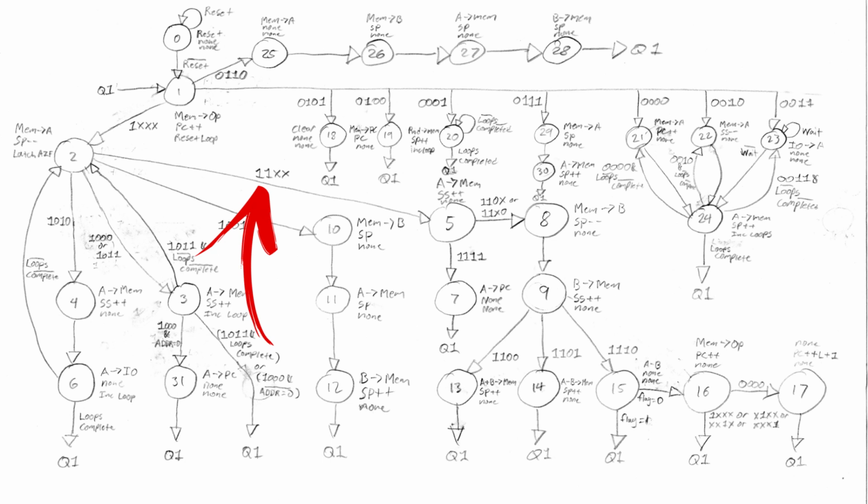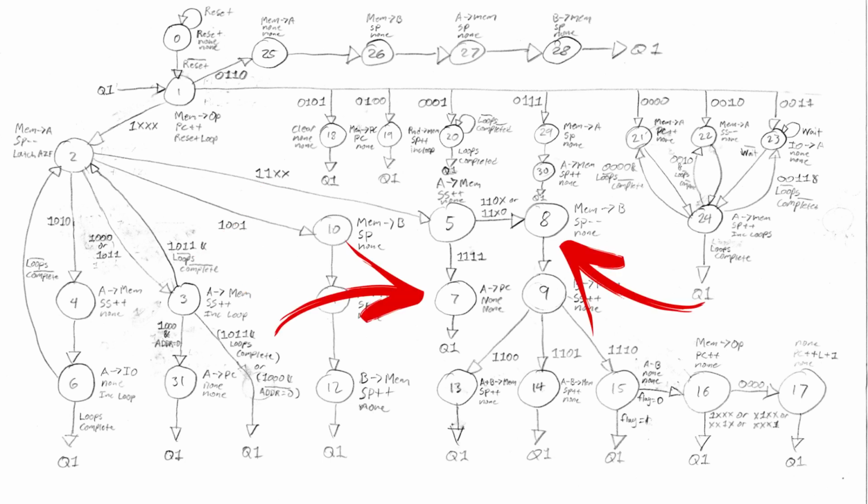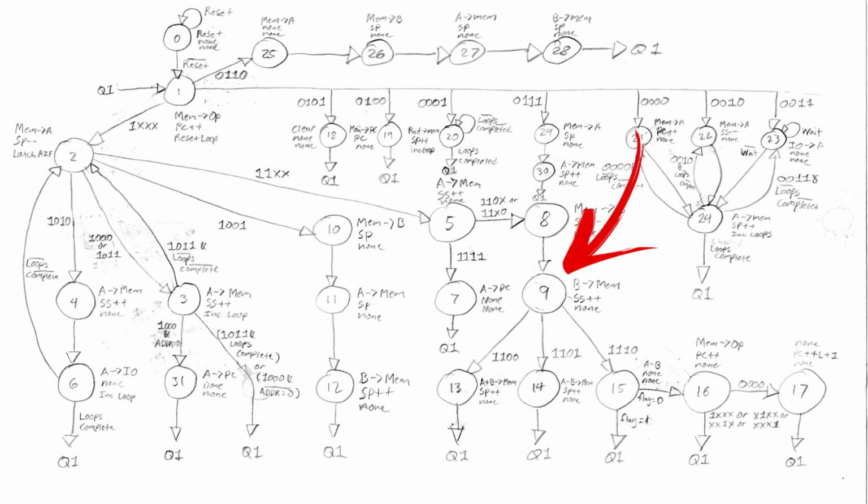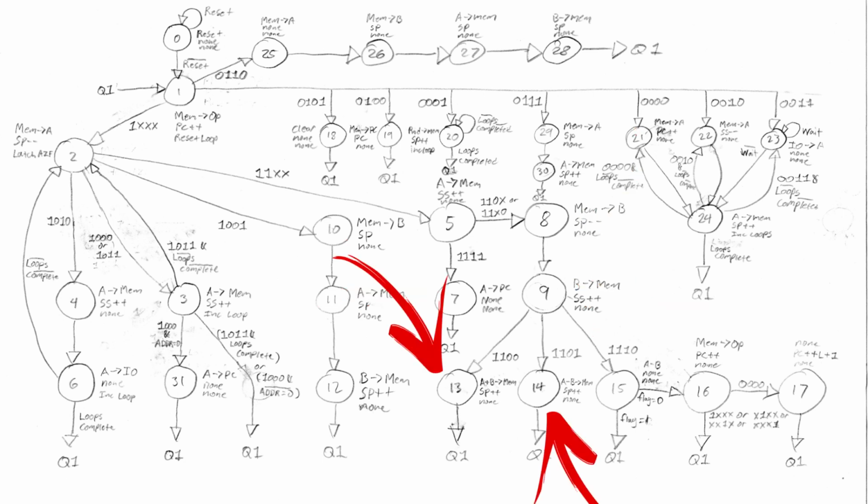So even if it was a 1111, it would still go from 2 to 5 because those instructions all share the same path up until state 5, at which point it splits off to 7 and 8, and then from there goes to 8 to 9, and then 9 splits from 9 to 13, 14, and 15. It's a lot of different paths, but basically I combined a lot of the paths where I could just to kind of save on transitions. So that's the reason for that.